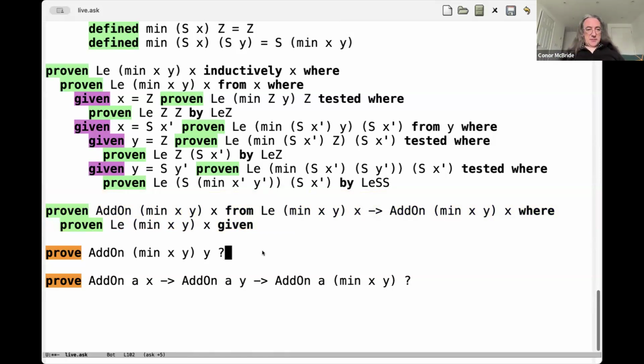Did I actually want that? Maybe I did, maybe I didn't. Actually, yeah. I'm not sure I did want that, that plus is commutative. Might want that min is commutative, indeed, because if I can just swap these two over, then I'm there. So maybe I'll prove that min is commutative.